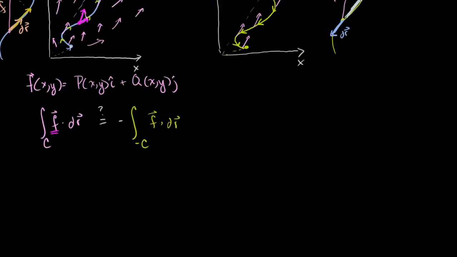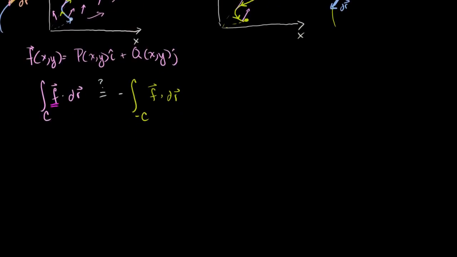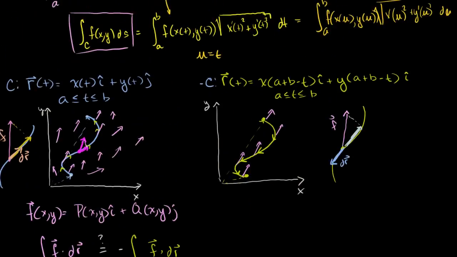So let us first figure out, let's write an expression for the differential dr. In this case, dr/dt is going to be equal to x prime of t times i plus y prime of t times j. In this other example, in the reverse case, our dr/dt is going to be, what's it going to be equal to? It's the derivative of x with respect to t.